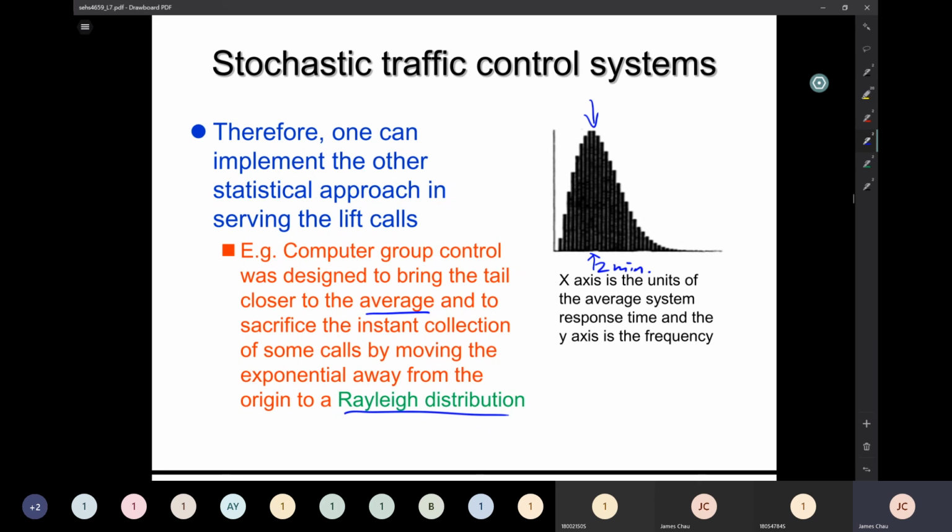But we're still using this kind of distribution in our design. Actually, you can have other designs. It depends on how you design your control system. You can have other distributions.